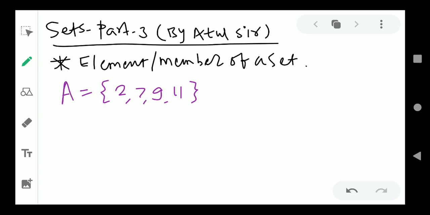Now, look at the given set A having elements 2, 7, 9 and 11 written in curly brackets.